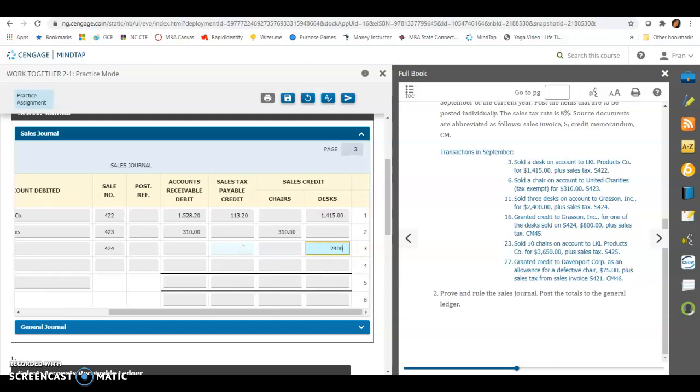So we figure out what the sales tax on 2,400 is, multiply it by 8%, and you get $192. You add that to the desk to get the total amount that they will owe us, $2,592.